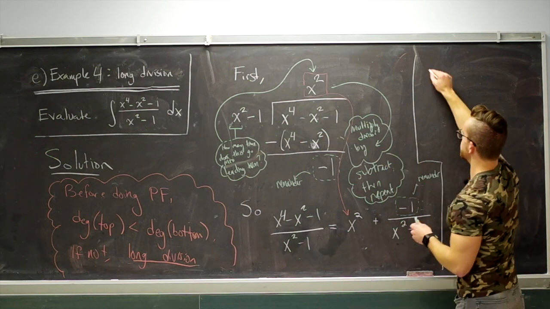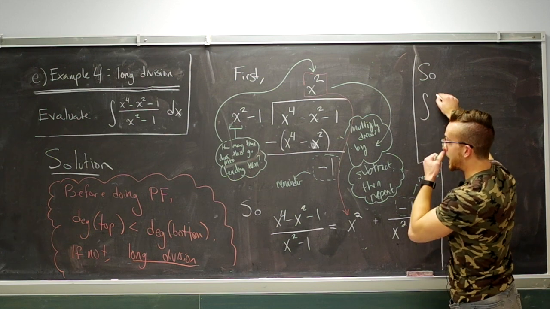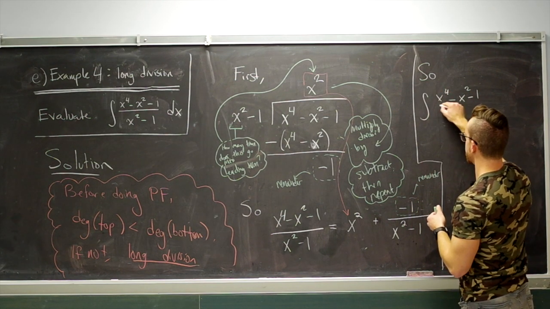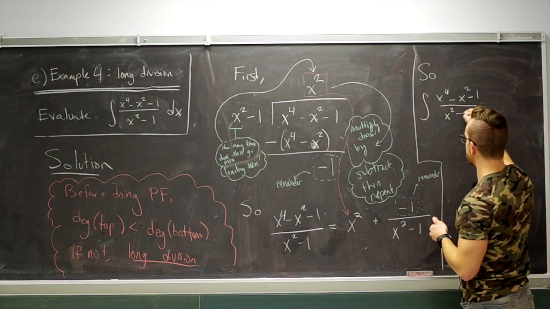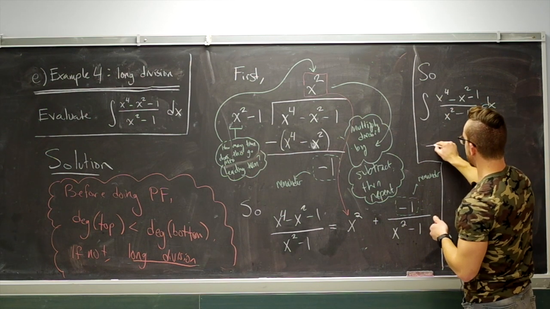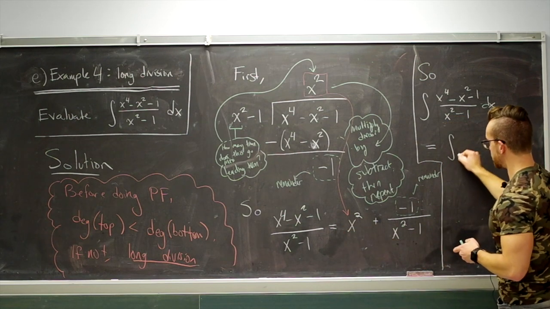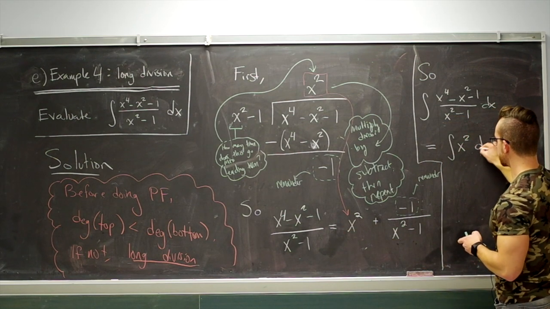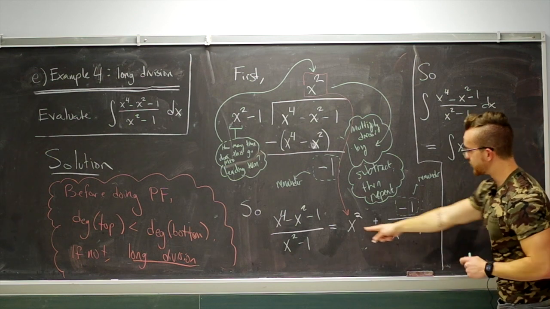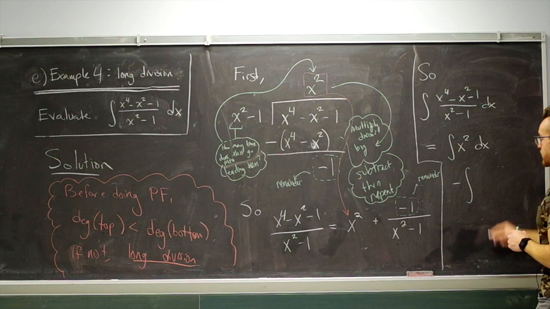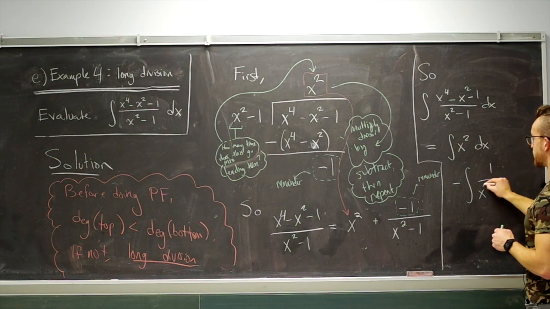So the integral that we started with, the integral of x to the fourth minus x squared minus 1 over x squared minus 1 dx, is the integral of this, which we can break up into two: the integral of x squared minus the integral of 1 over x squared minus 1 dx.